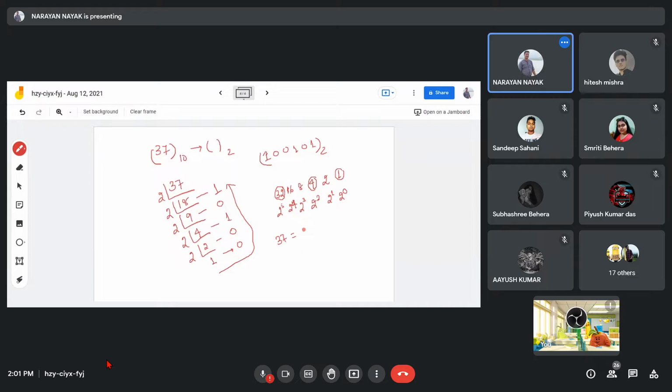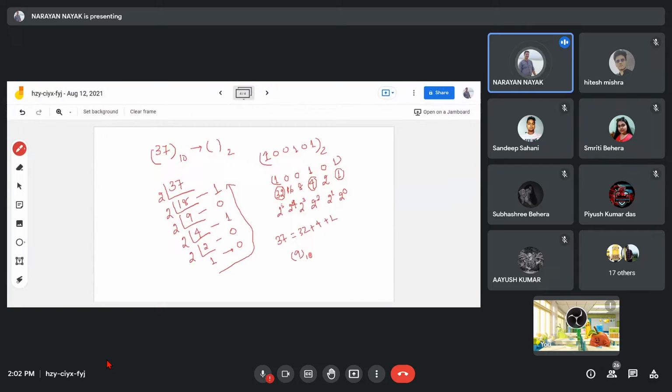Yes or no? So you got 32 plus 4 plus 1. So the digit for 32 should be 1, and for the values you have not taken, 0, 0. The 4 is 1, here you have not considered 0. So you got 1, 0, 0, 1, 0, 1. Understood? Okay. Yes, sir.